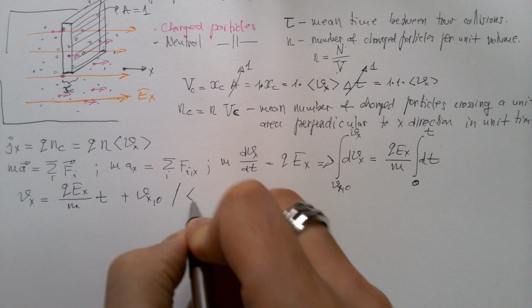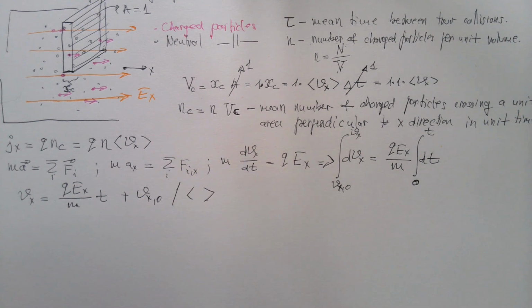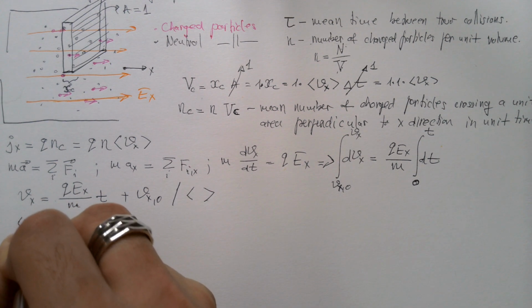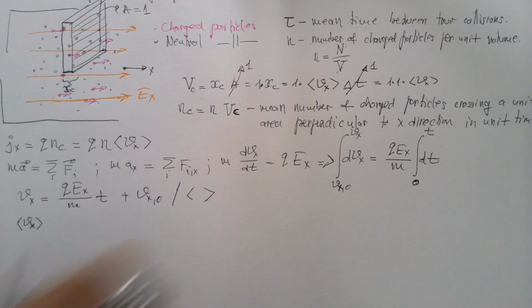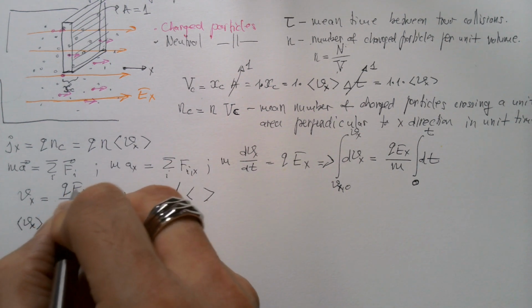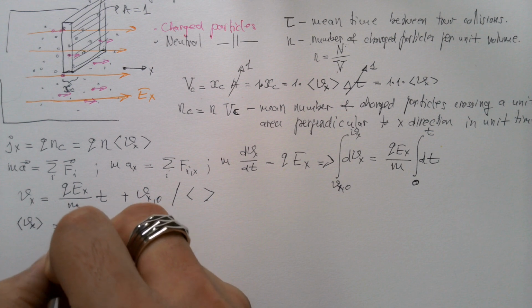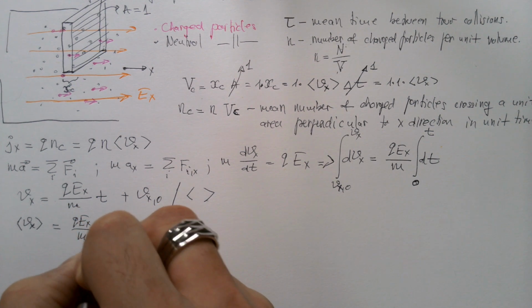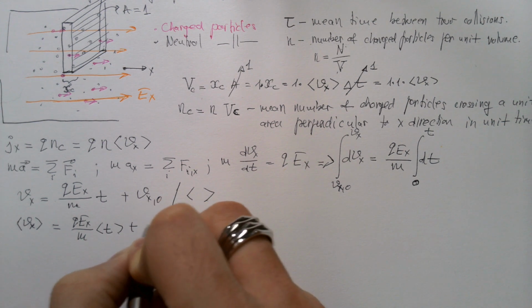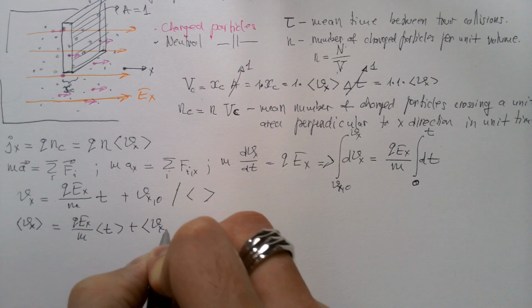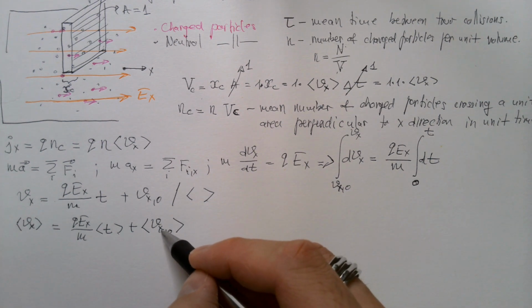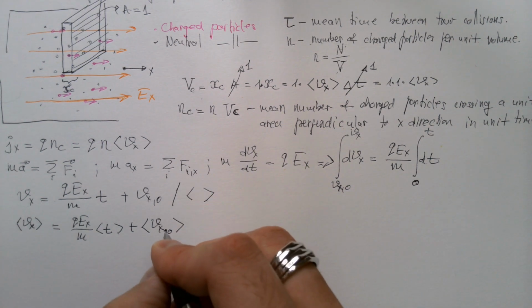Here I will apply the averaging operator, as I often do in these cases in kinetic theory of gases, and we will get that average Vx, because that's what I'm interested in here, is equal to, q, Ex and m are constants, so they are not affected by averaging. Here I have average time plus average Vx0. Let us look into this average Vx0.